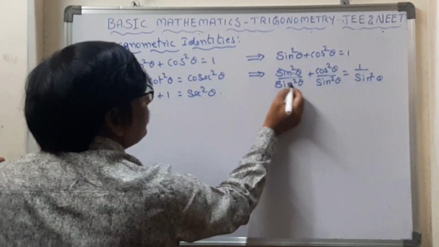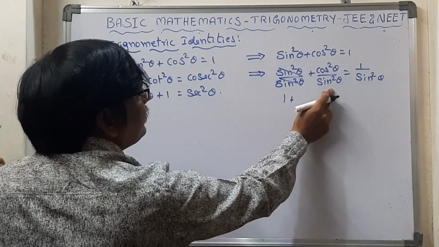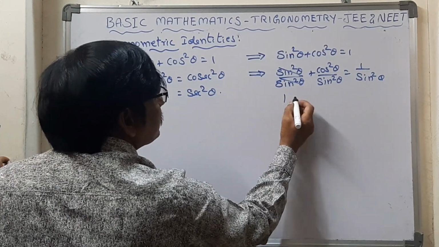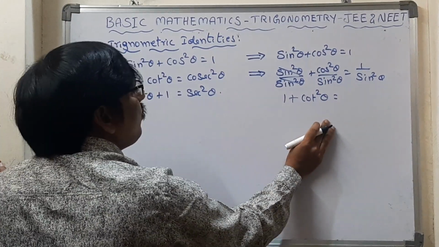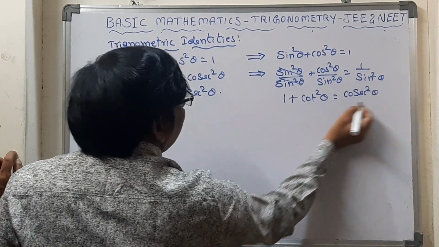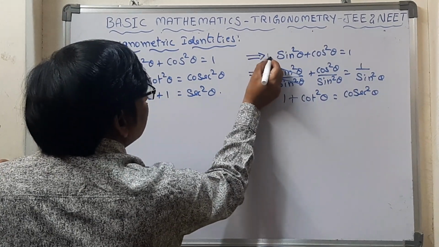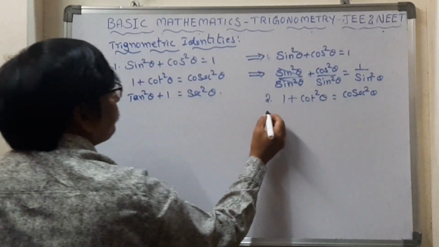So sin square theta and sin square theta get cancelled. 1 plus cos by sin, that is cot square theta, is equal to 1 by sin square theta, that is cosecant square theta. So this is the second formula; the first formula we got, and this is the second equation.